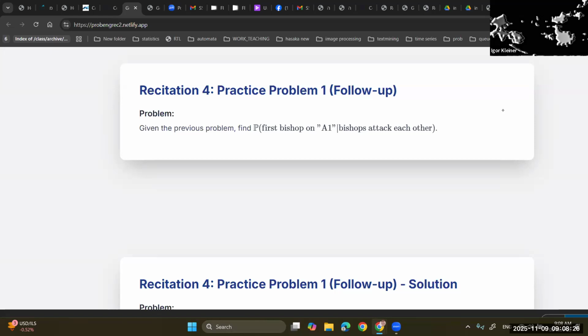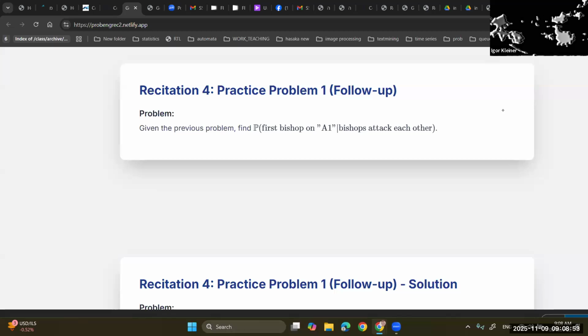How can you try to solve this? You can try to use the definition: it equals the probability of A intersection B divided by the probability of B. In some cases it's easier to find the probability of the intersection, but in many cases it's not easy.